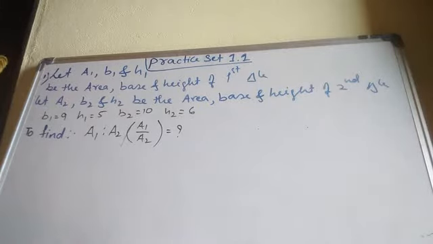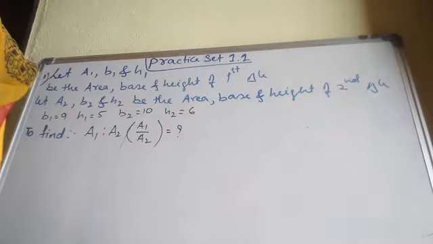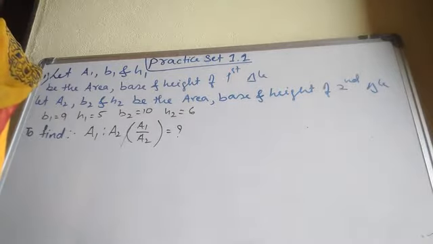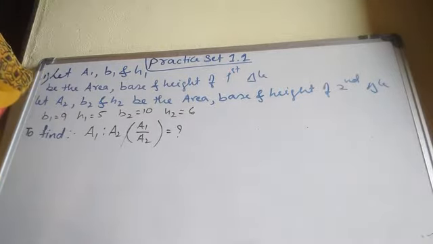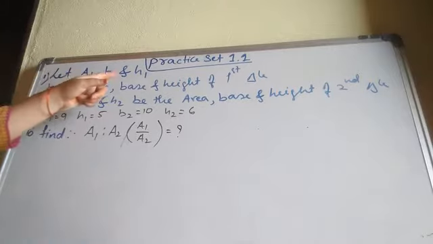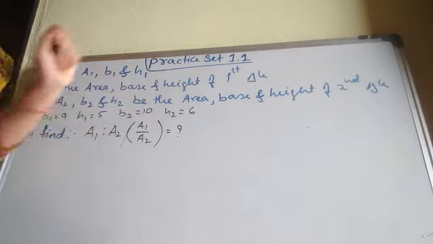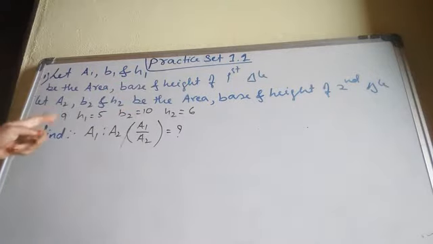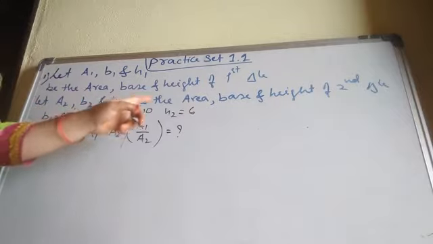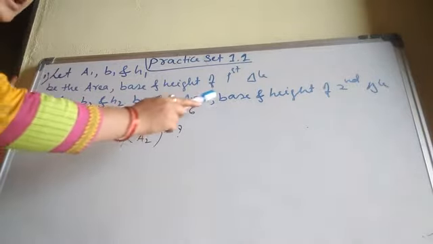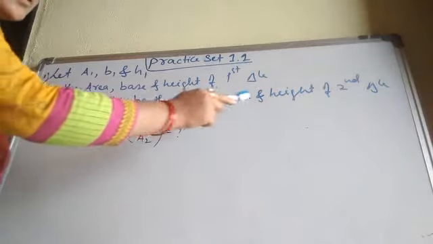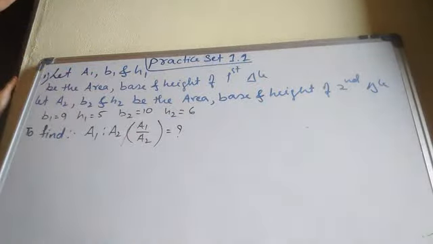So first, how many triangles? We are finding the ratio of areas of two triangles. So I denote them by A1, B1 and H1. Let A1, B1, H1 be the area, base and height of the first triangle. Let A2, B2, H2 be the area, base and height of the second triangle.